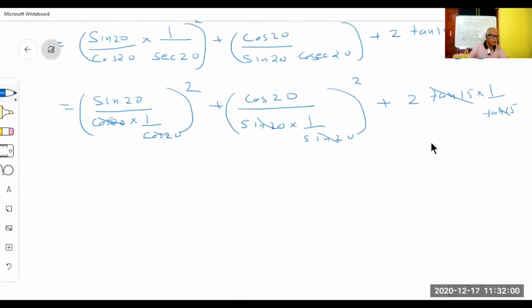So what you get is sin square 20 plus cos square 20 plus 2. Sin square theta plus cos square theta is equal to 1. So you have 1 plus 2 is equal to 3. So over, right? Okay, we will go to the next.